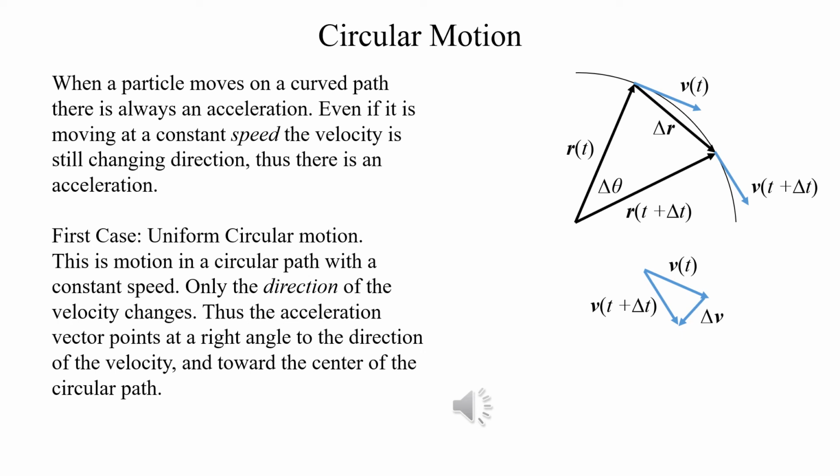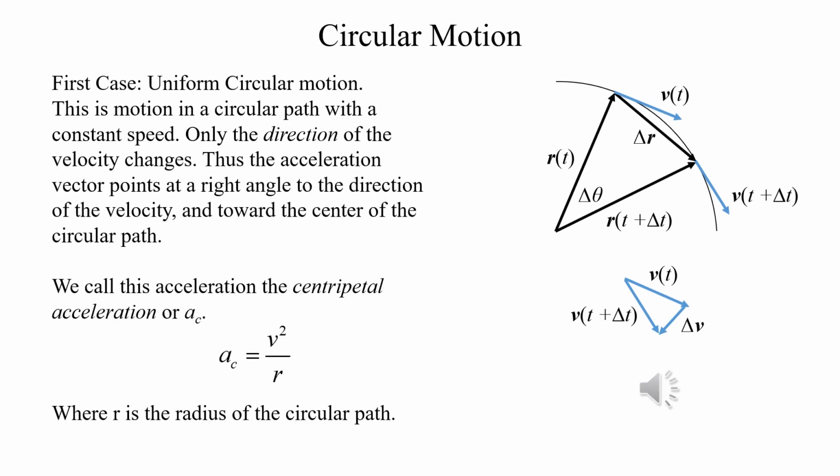So the acceleration vector points in the direction that the velocity vector changes, which is toward the center of the circular path. So this kind of acceleration we give a special name, and it's called centripetal acceleration, or a with a c subscript.